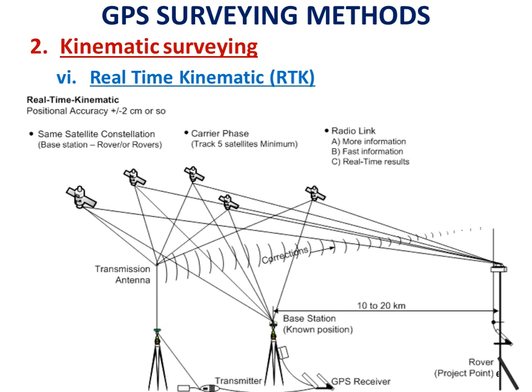This figure depicts what is happening in real time kinematic. Some satellites are there, radio links are there, and whatever errors are happening, the base station is collecting them and sending the corrections using this radio link to the rover stations. Just get an idea.